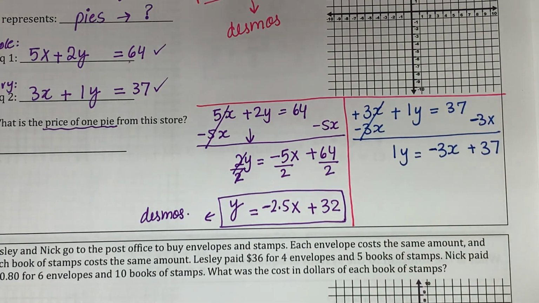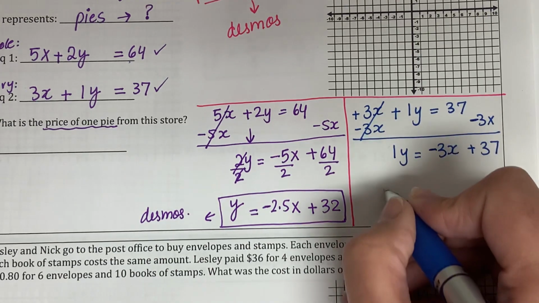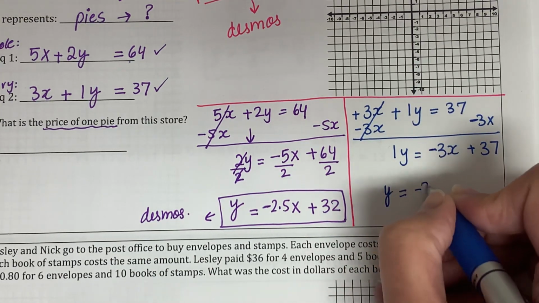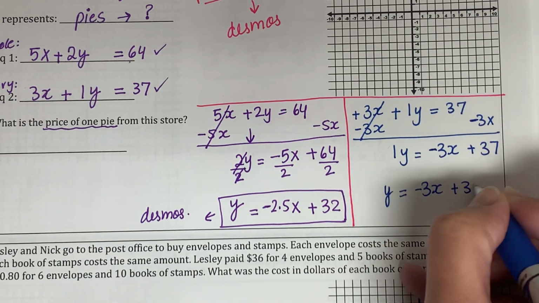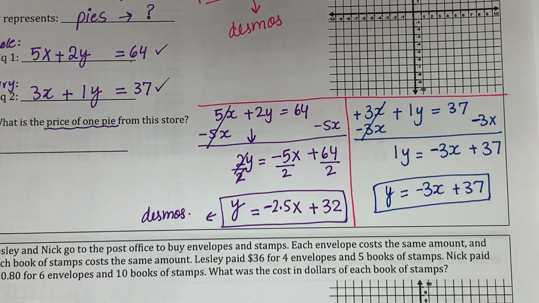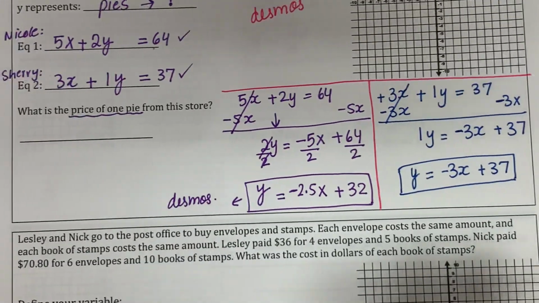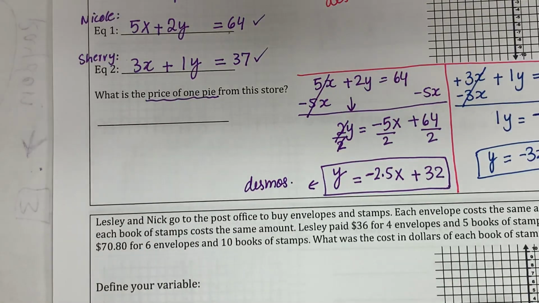And actually, there's no division to do because you have a positive 1 over here, so it doesn't matter. So my equation is y equals negative 3x plus 37. All right, good, I got my 2 equations. All I'm going to do is put both of them in the calculator and see what my answer is. So let's do that. I'm going to type them in Desmos.